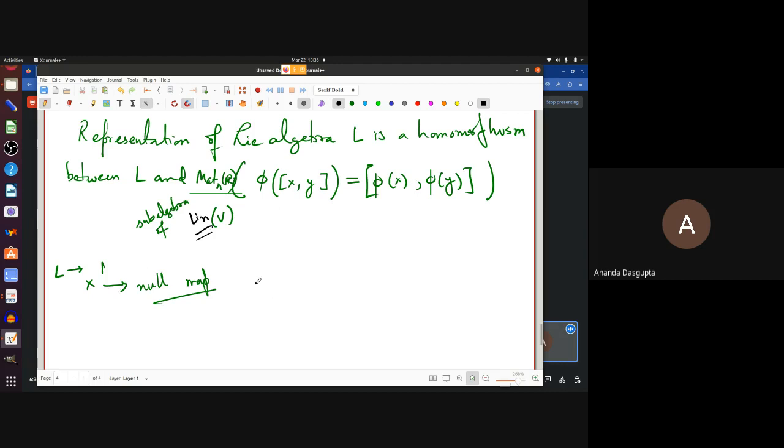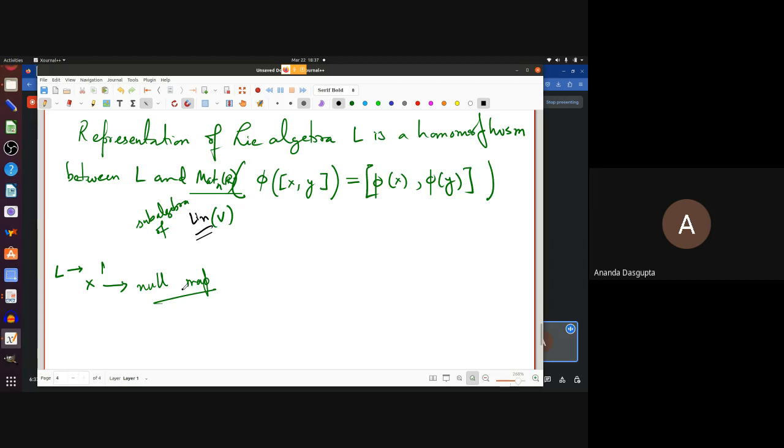And in case you want the smallest dimensional thing, that is, you want V to be as small as possible, one-dimensional, then this map is simply multiplication by a number, and the null map is multiplication by 0. So every element of the Lie algebra is mapped to 0. 0, not 1. Remember, that's the basic difference. In a group, every element being mapped to 1 is a group homomorphism.